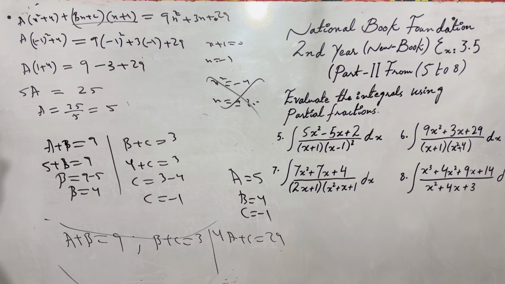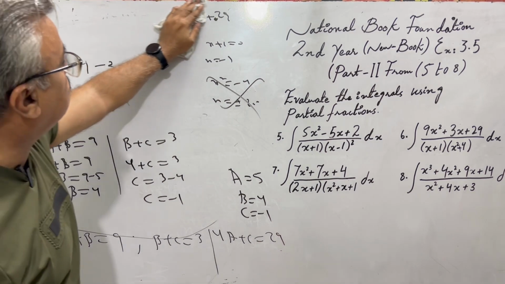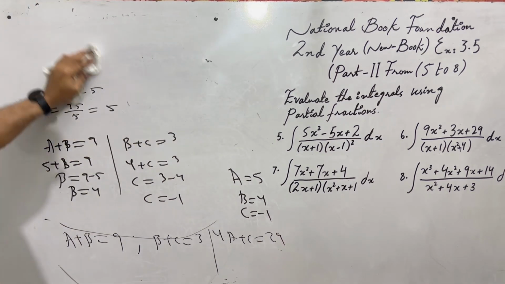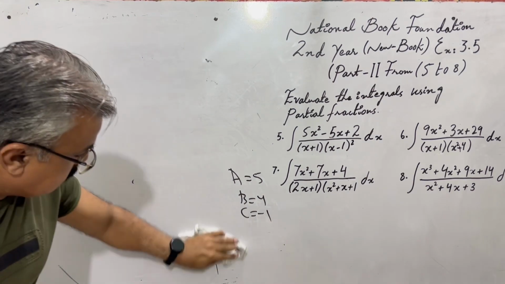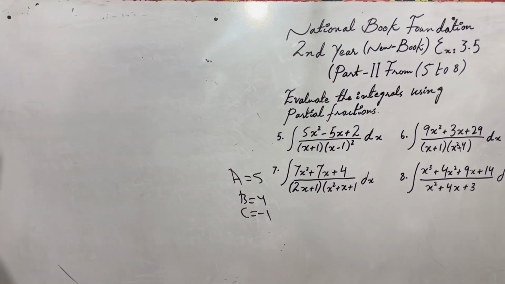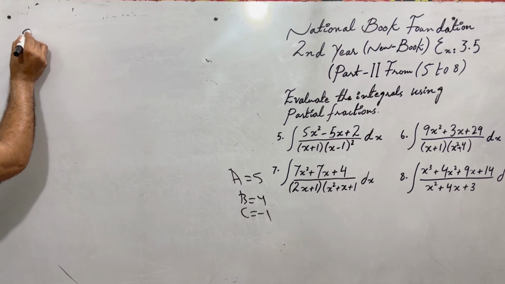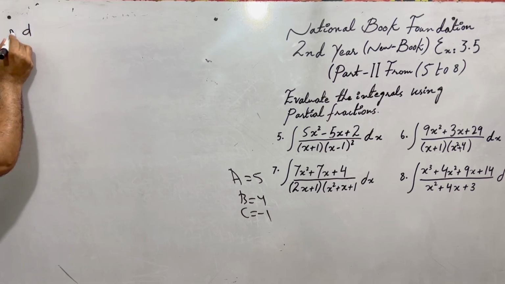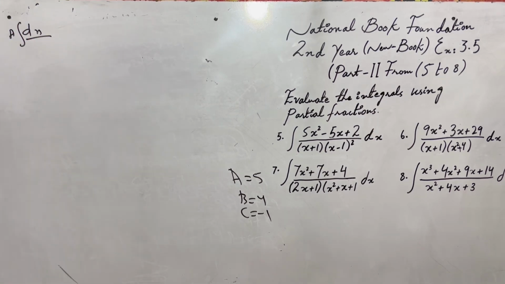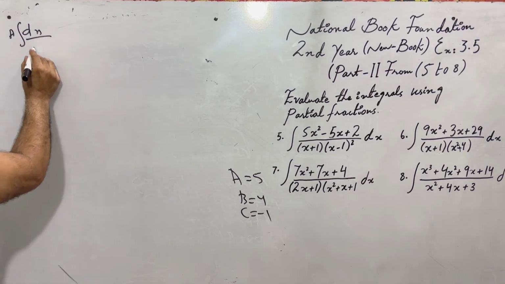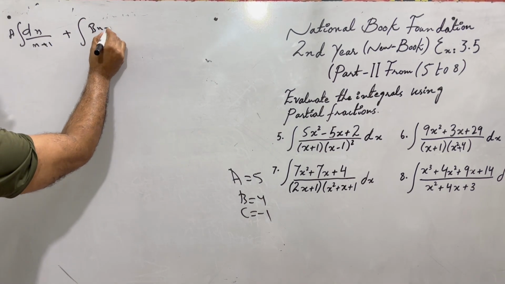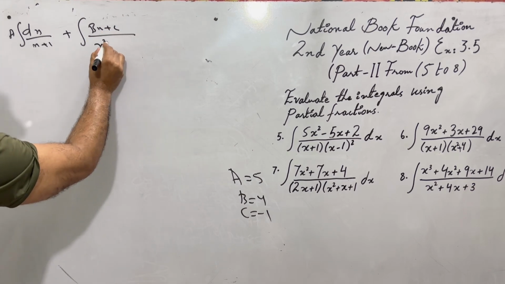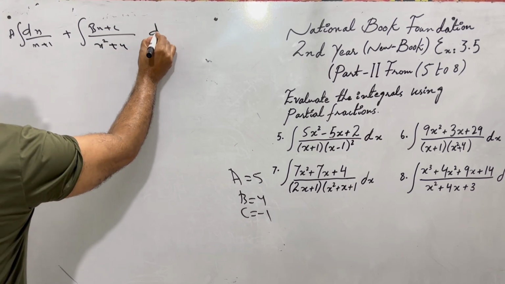Okay, try to now integrate. I have something like a times dx over x plus 1, our first bracket, plus bx plus c over x square plus 4 dx.